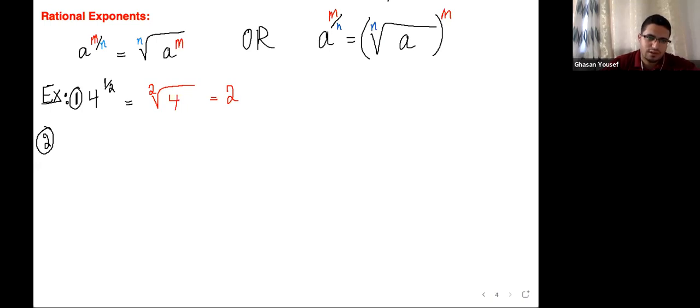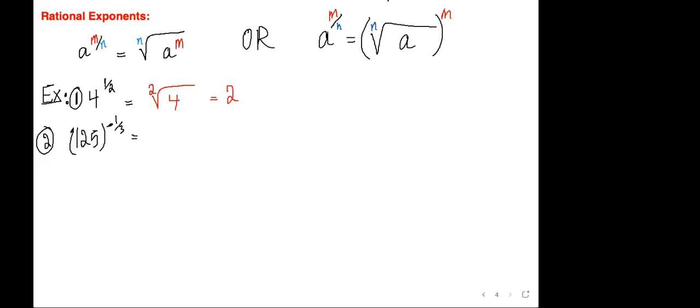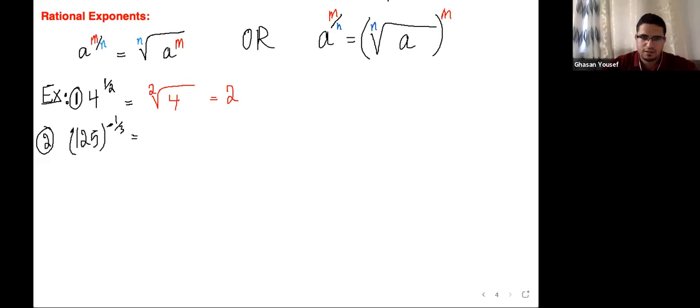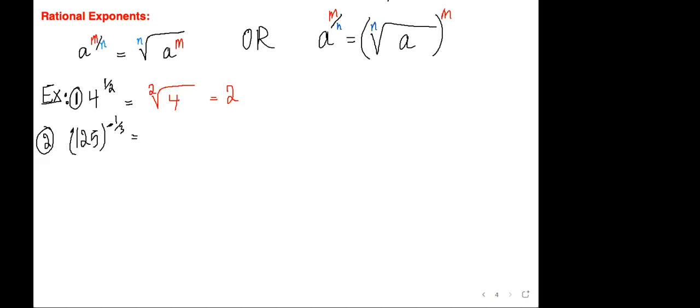Now the second one is 125 to the power minus 1/3. What's the answer? What do I have to do now here? It'll be radical 3 of negative 125. No, 3 of positive 125, because our exponent is negative 1/3, right?